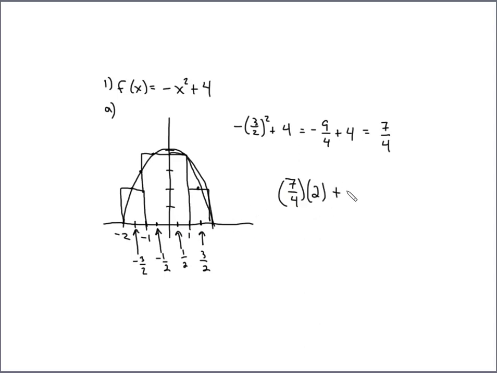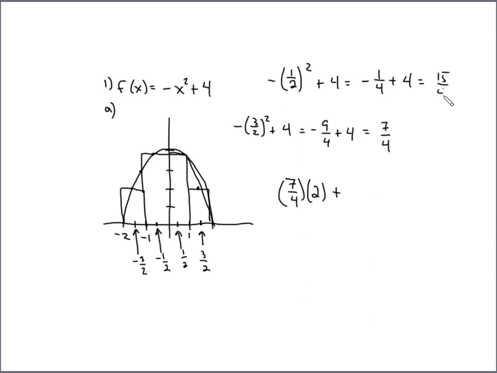What are these going to be? Let's figure that out as well. So I'm going to have to plug in 1/2. I'll just do that up here, 1/2, plugging it in for the x on that, negative x squared plus 4. It's going to be negative 1/4 plus 4, and that is 15/4.